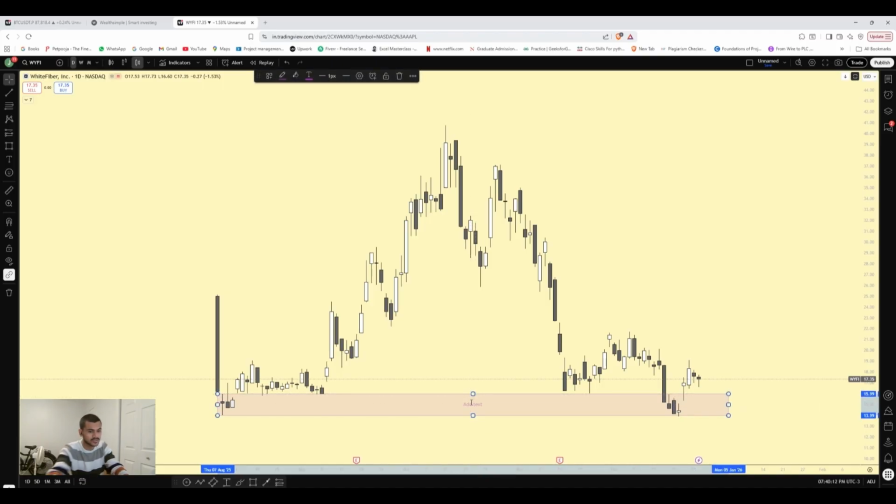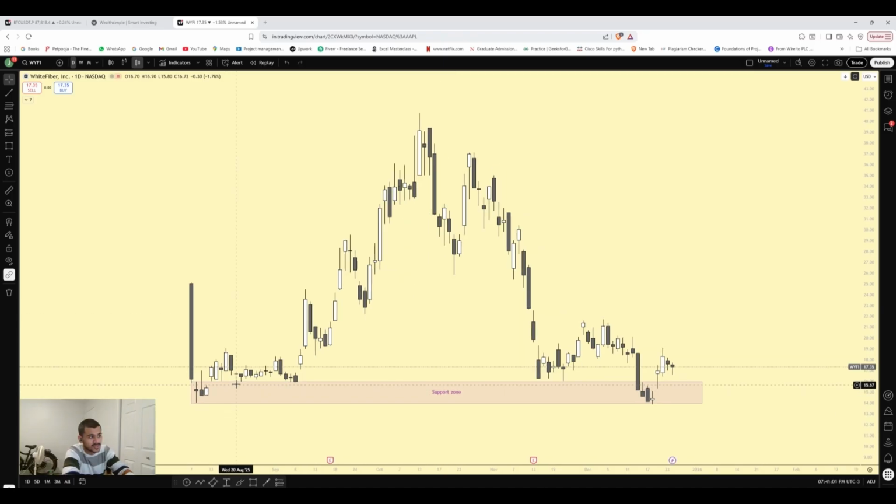So I will quickly write it here. Support zone is the zone where whenever the candle touches or moves in that area, it reverses to the upside. So it bounces. Boom. Here, here, here, here.